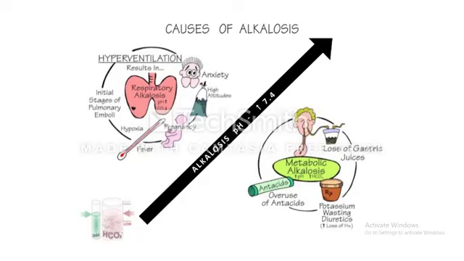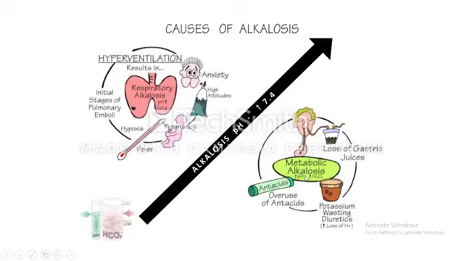The causes can be hyperventilation, anxiety, or being at high altitudes. Pregnancy can be one of the reasons, as can fever, hypoxia, and initial stages of pulmonary emboli, that is basically when something has moved to the arteries of the lungs and stuck there. These all result in respiratory alkalosis.